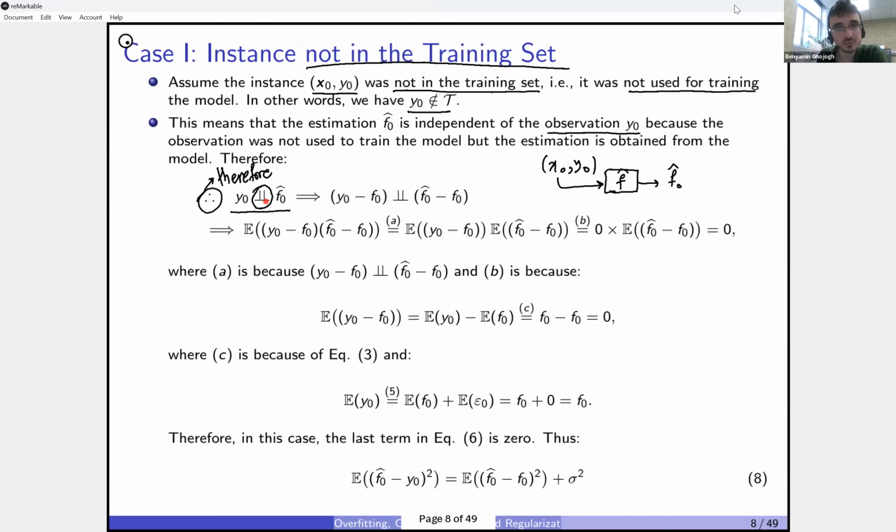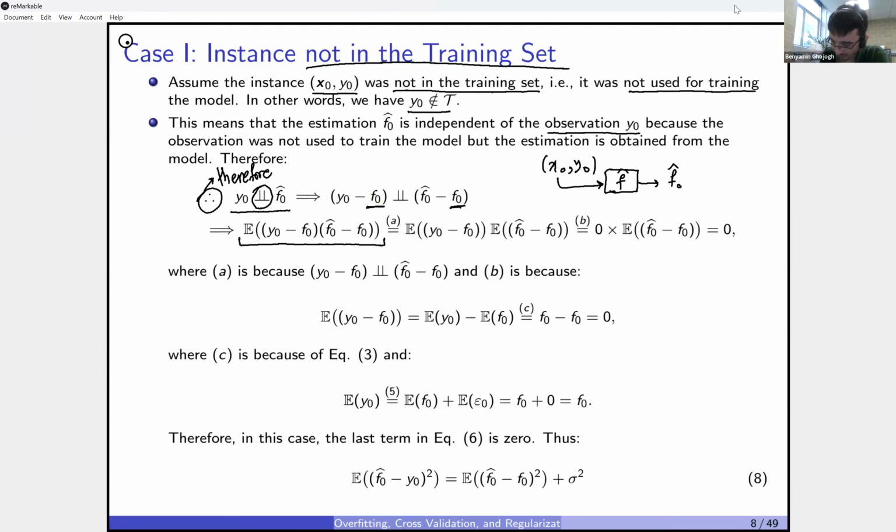Therefore, these two are independent. This implies that if I subtract f0 from the sides, they are still independent. Note that f0 is not a random variable. f0 hat is a random variable. So I can subtract, and then I get this.